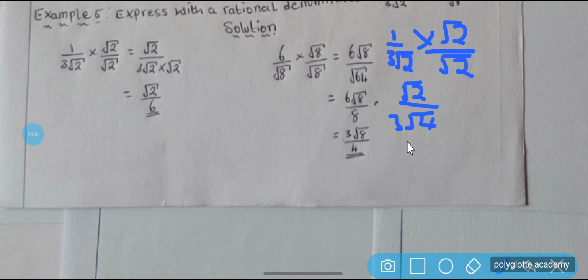Sorry, I've copied a different thing. We have root 2, all that over 3 times 2. So this will be analogous to root 2 divided by 6.